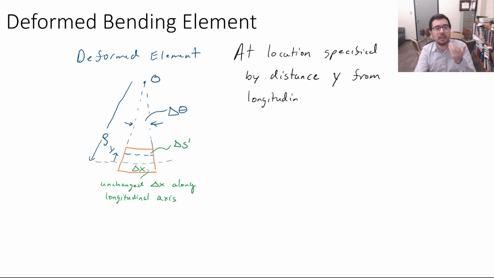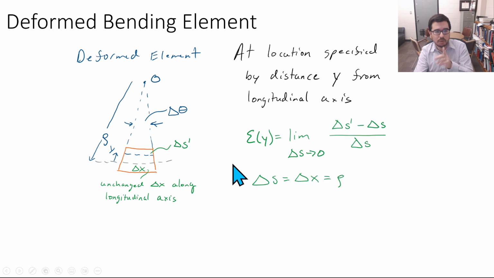And how are this y and delta s prime related to each other? Well, it looks like they could be related somehow through the radius of curvature.